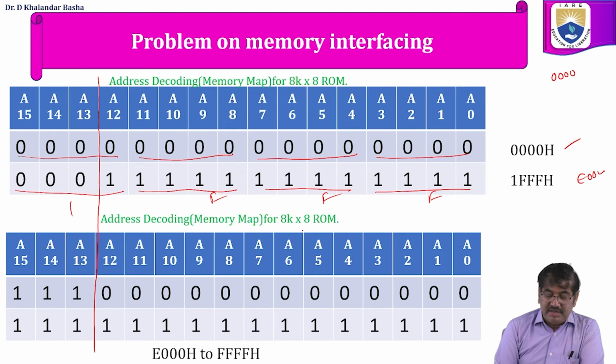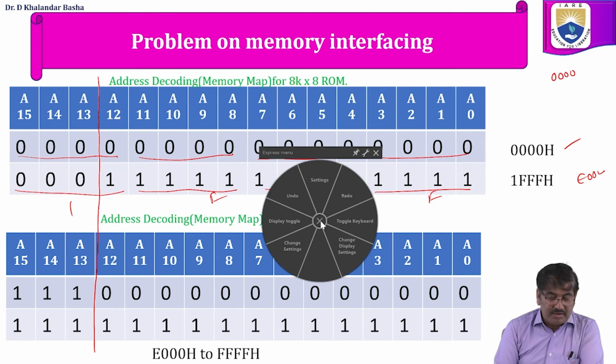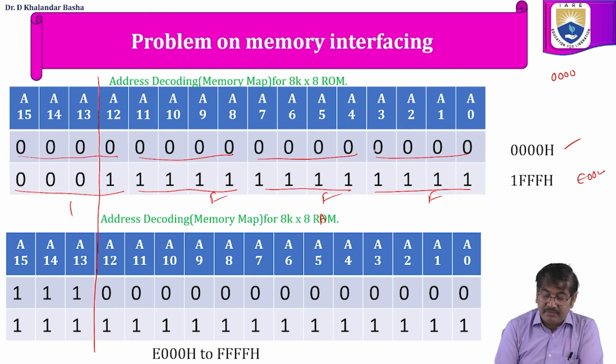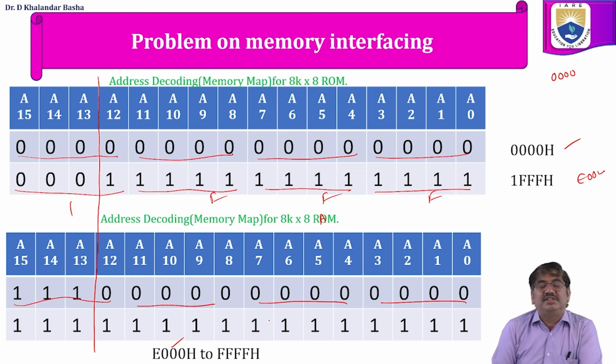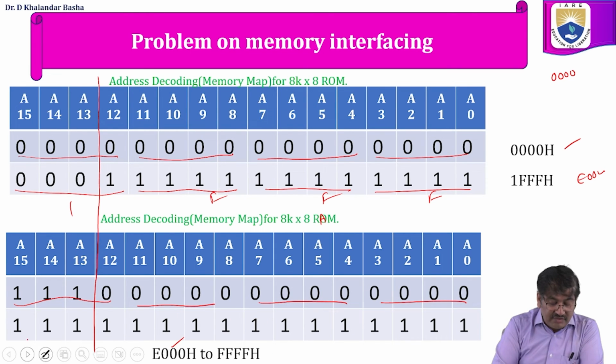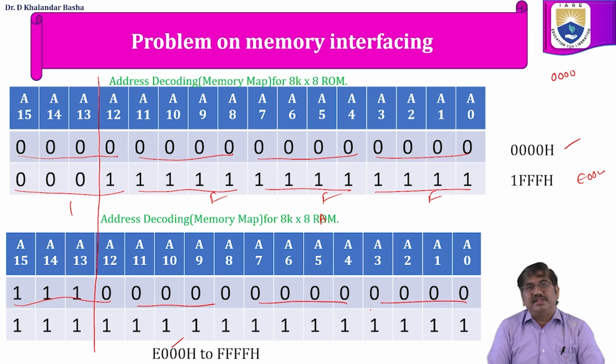Whereas for the 8K RAM block, we require A0 to A12, and A13, A14, A15 will be used for the decoding mechanism. So here the bit configuration is 1110 0000, which is equivalent to E000. So the starting address is E000H, whereas for the upper address every bit is 1.